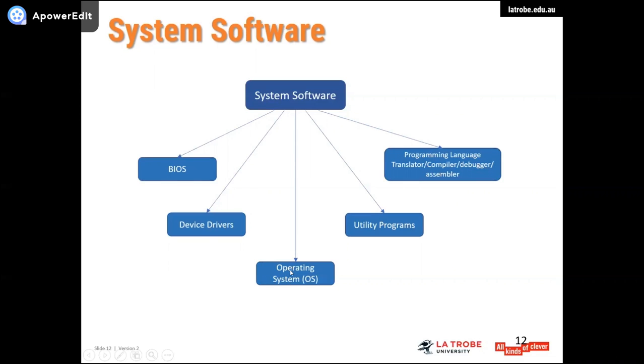Operating system, that's the bridge between us, or between the application software, and the hardware. All the application software we just talked about should be installed in the operating system. Utility software is something a little different. The utility program or utility software is used to maintain our system, to make it more stable or more clean, something like that.